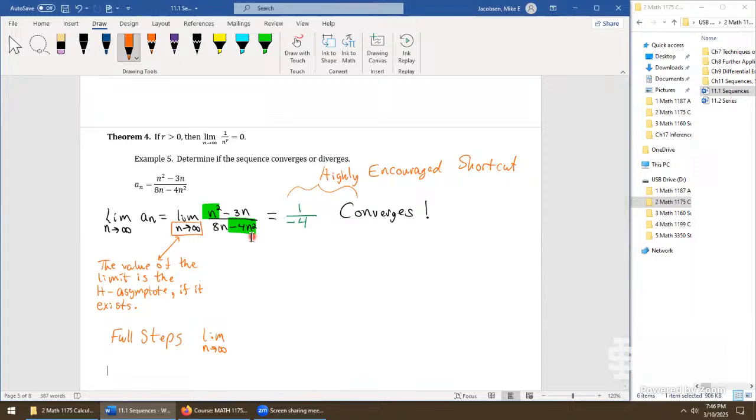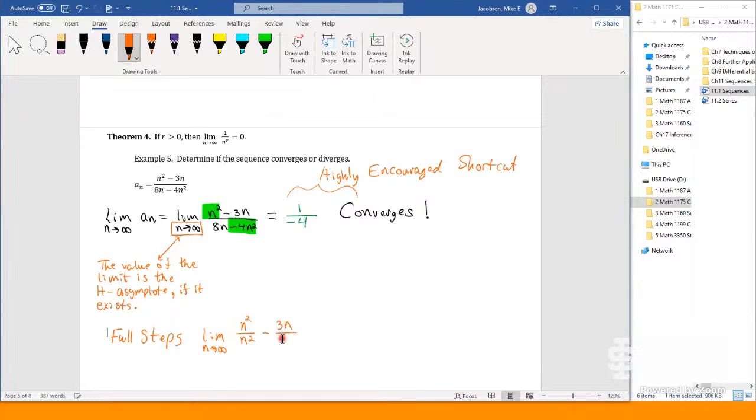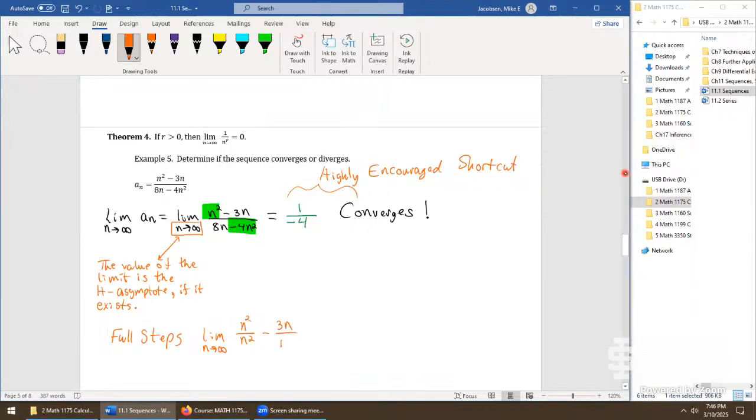Grab just the variable part, n squared, and everything inside of here will be divided by n squared. So let's write it out to convey what that would look like on paper. n squared over n squared minus 3n over n squared, divided by 8n over n squared minus 4n squared over n squared.